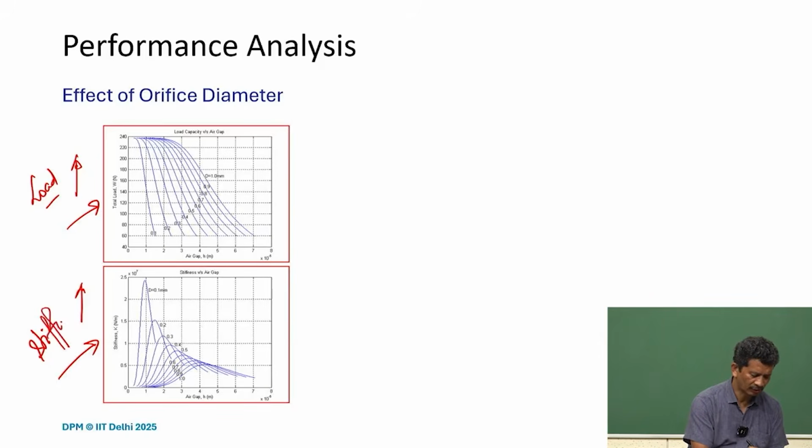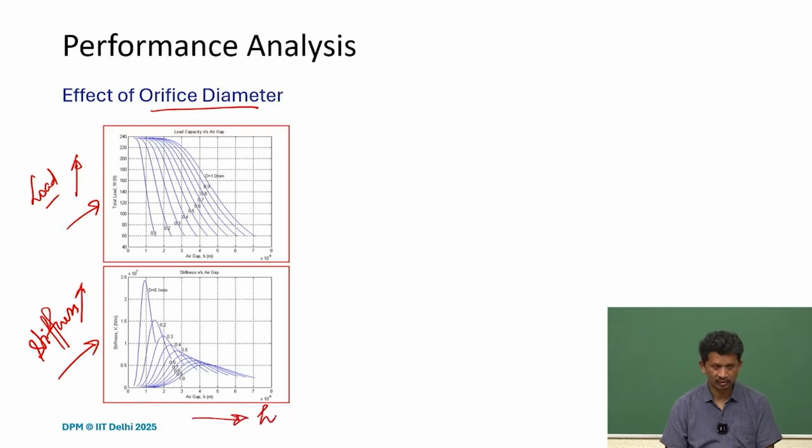So basically these are the two characteristics we are looking at, for different parameters. For instance, if you change the orifice diameter, what is the effect? And along this axis is H, which is the air gap.